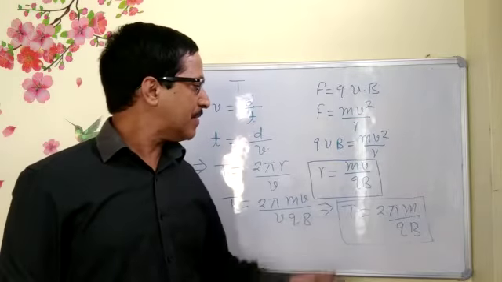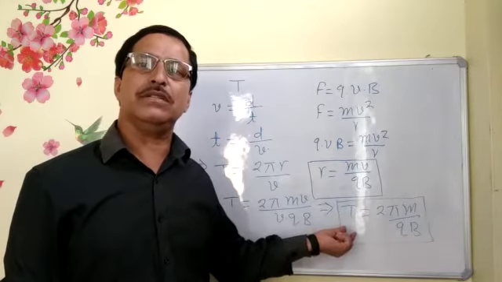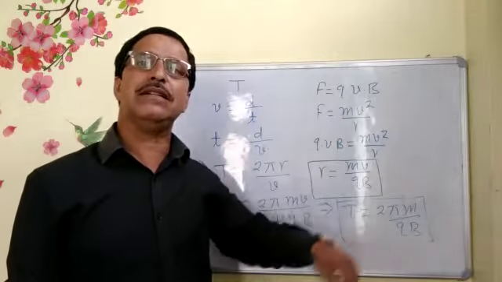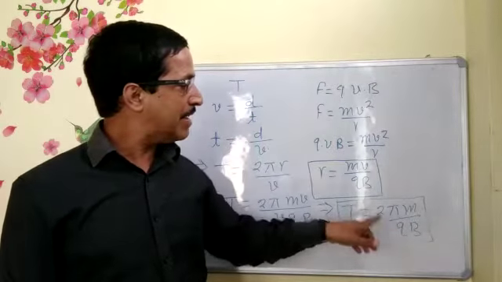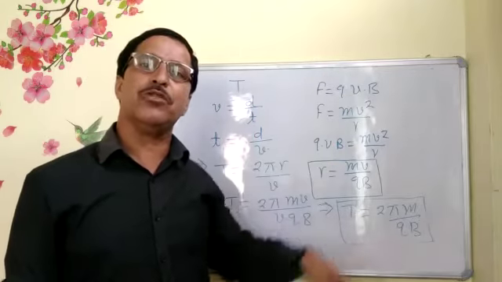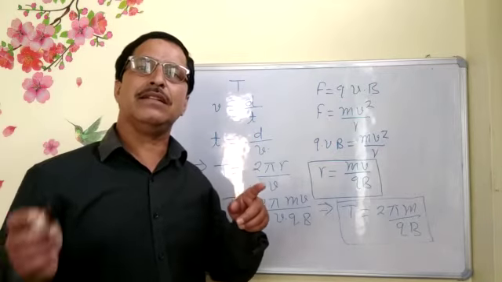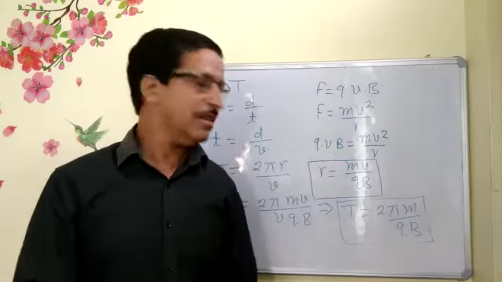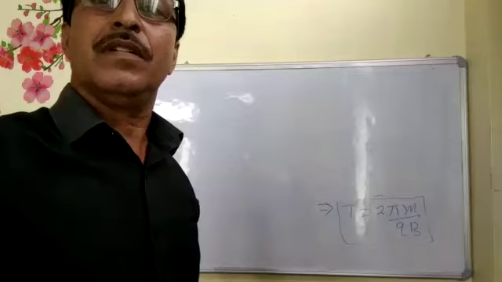This can be attributed to the fact that when the velocity increases, the radius also increases in the same proportion, so that the time taken by the charged particle to complete one revolution remains the same.